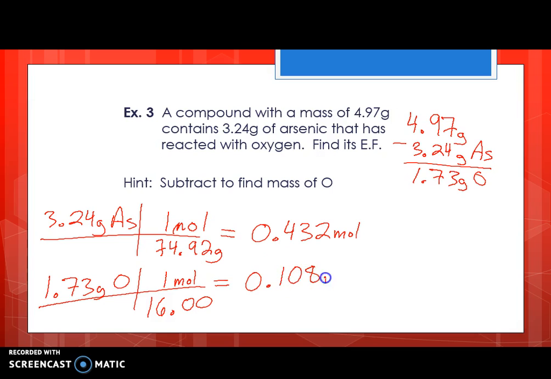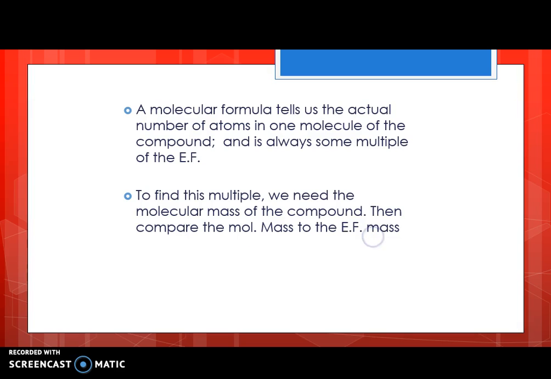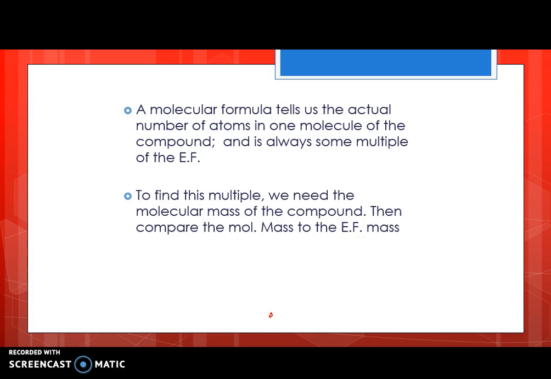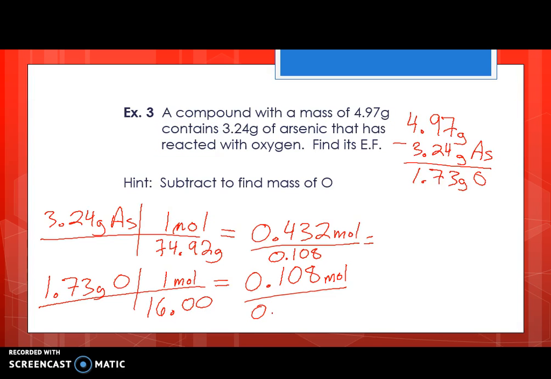Divided by the smallest number, 0.108. Up top, 0.43. Did I do that right? 3.24 divided by 74.92.